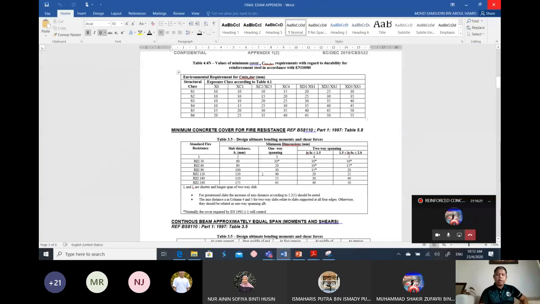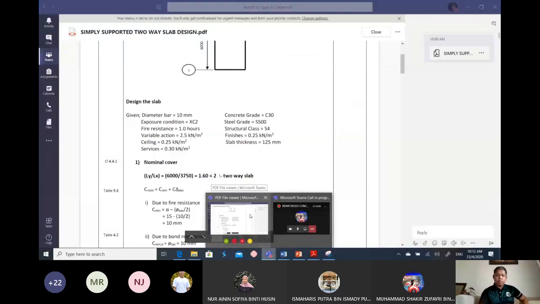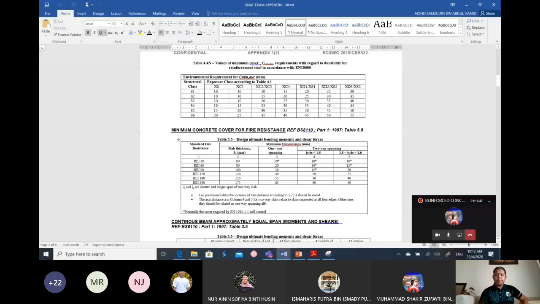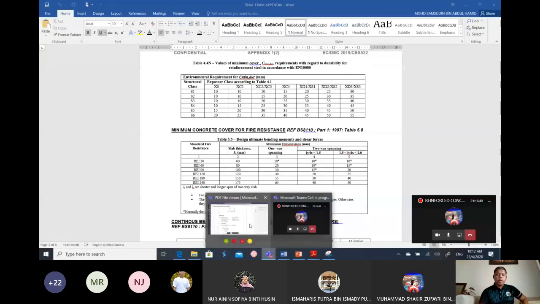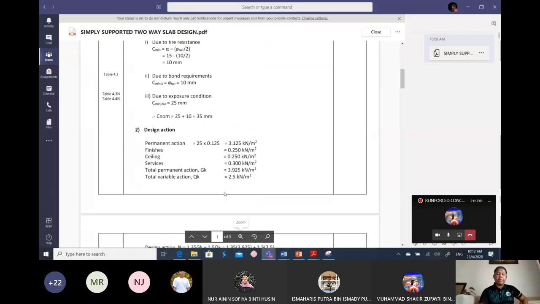The given table is XC1 or XC2. Okay, XC2, so that's why you use the value equal to 25 here. By comparing these three values, you get the minimum equal to 25, plus the deviation of 10, and then you get the C nominal equal to 35 millimeter.